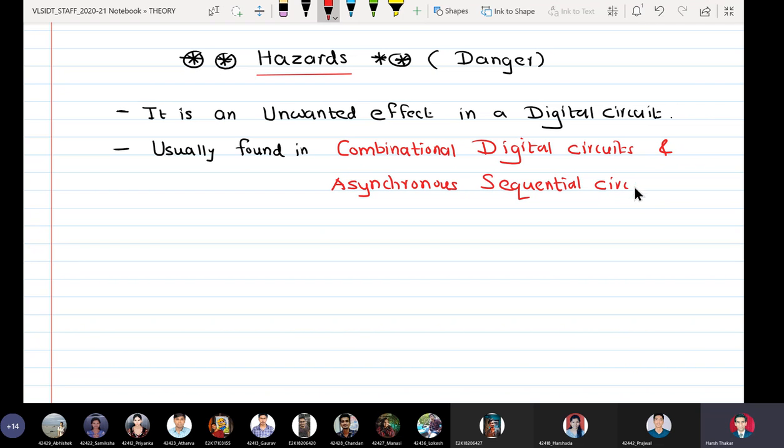So it's an unwanted effect. It is found either in combinational circuits or asynchronous sequential circuits.